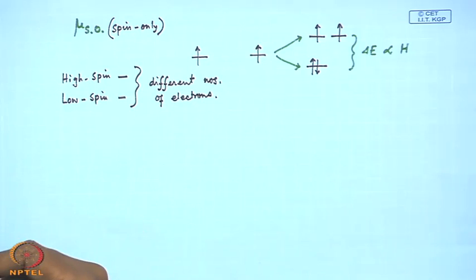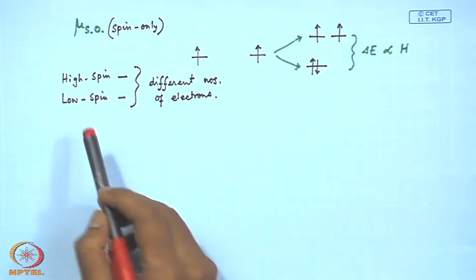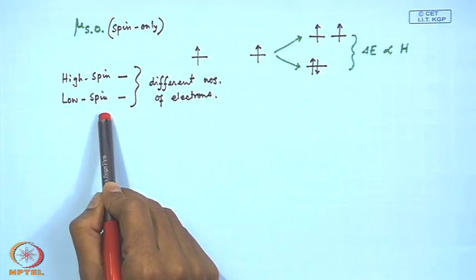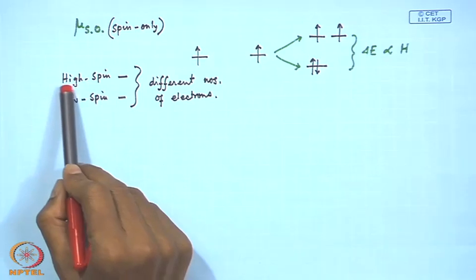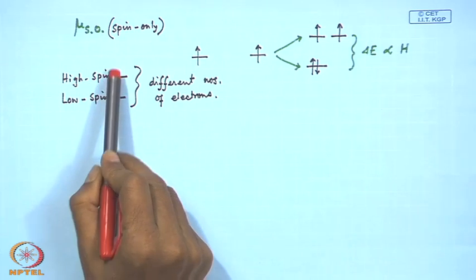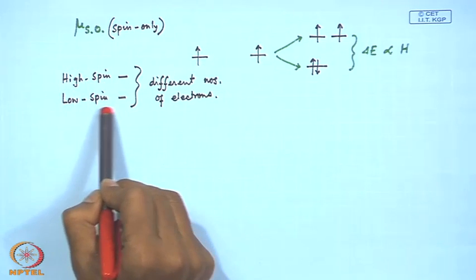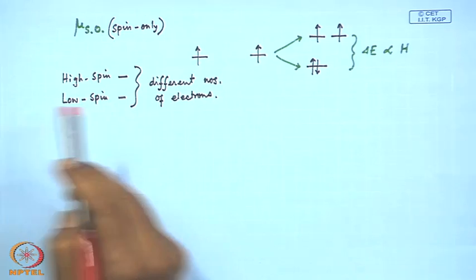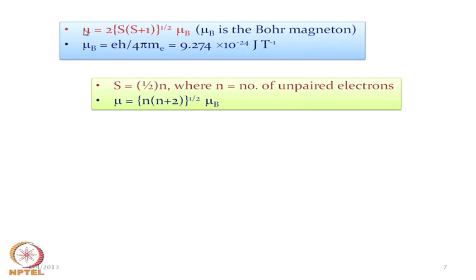So, for high spin complexes and low spin complexes, which is the direct manifestation of the crystal field splitting, that splitting gives us different numbers of unpaired electrons. As a result, we can have these corresponding mu effective values or mu spin only values, because we are considering only the spin only values, with different magnitudes of mu effective for the high spin complexes as well as low spin complexes.